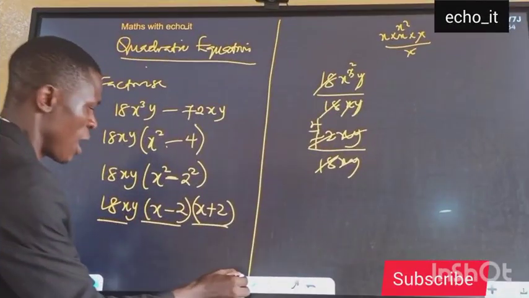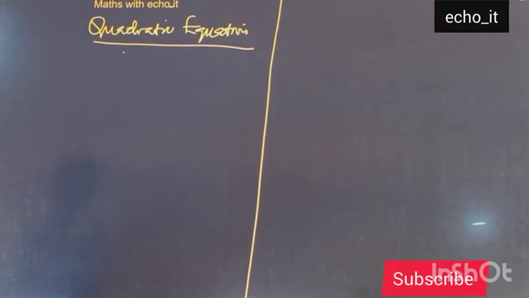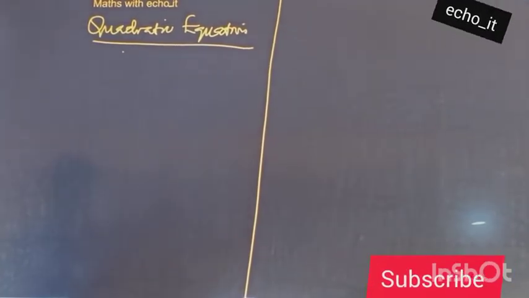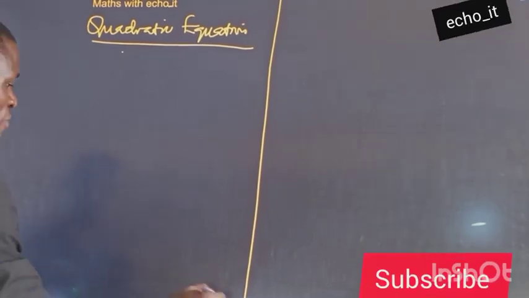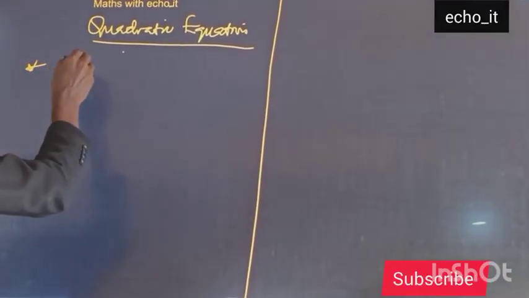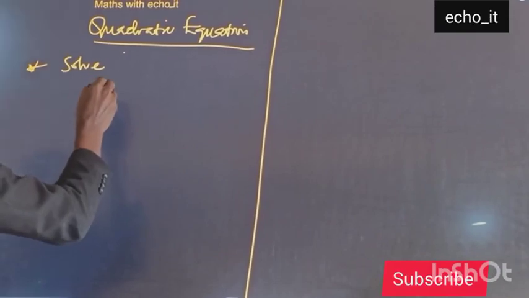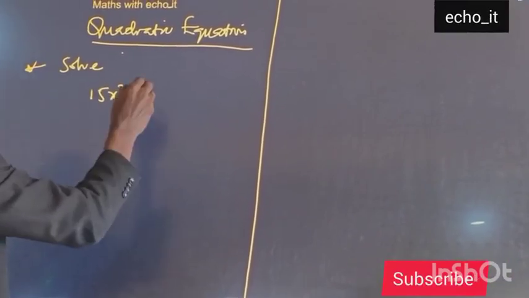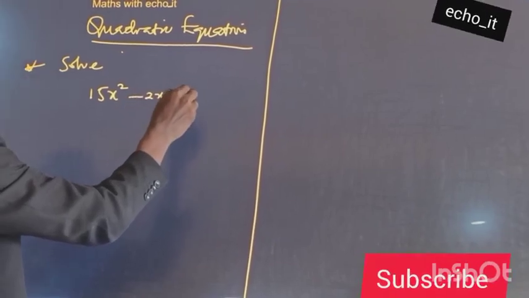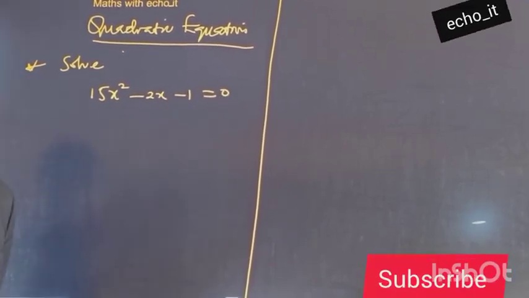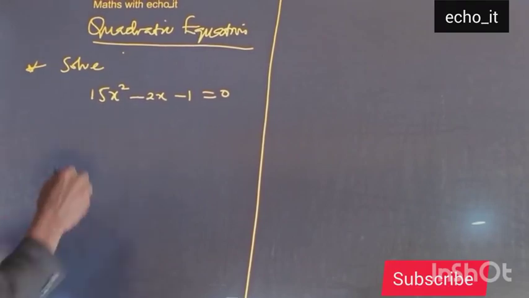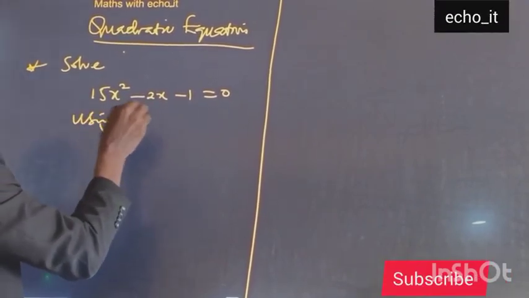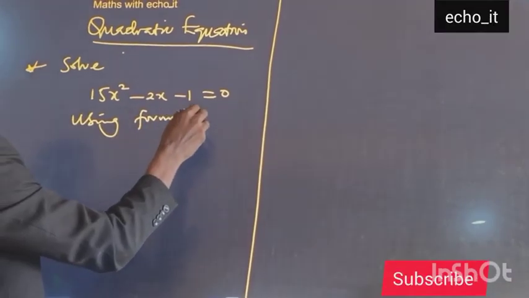Now let's look at quadratic equations. If you have to solve a quadratic equation, let's say you are given an equation like this: solve 15x squared minus 2x minus 1 equal to 0. We are asked to solve this using the formula method.